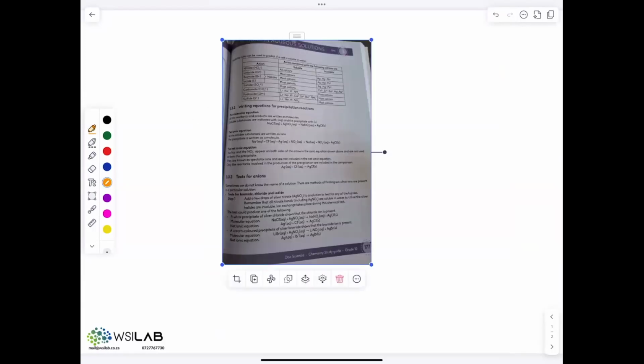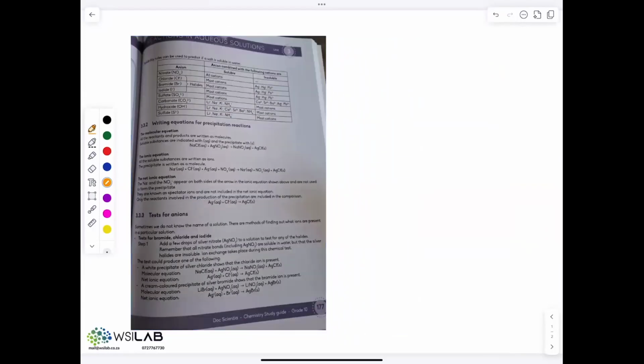Okay, this is the table I was talking about. These give you the solubility rules. We're not looking at that today. Those are equations for what your book calls ion transfer reactions, so that we're not doing today. We're going to do that probably next week. And this is the test for ions, so the chapters basically overlap.